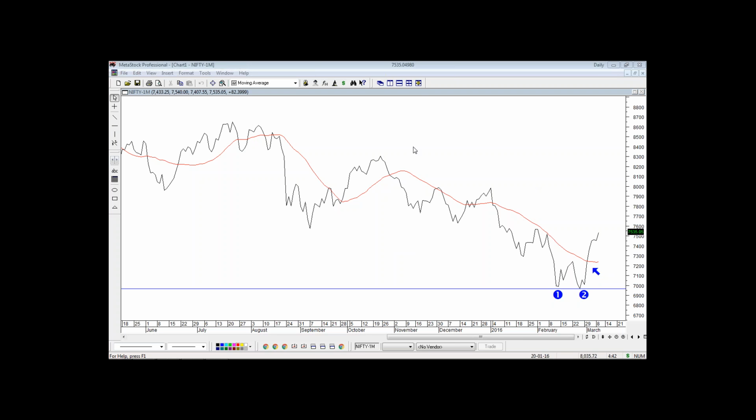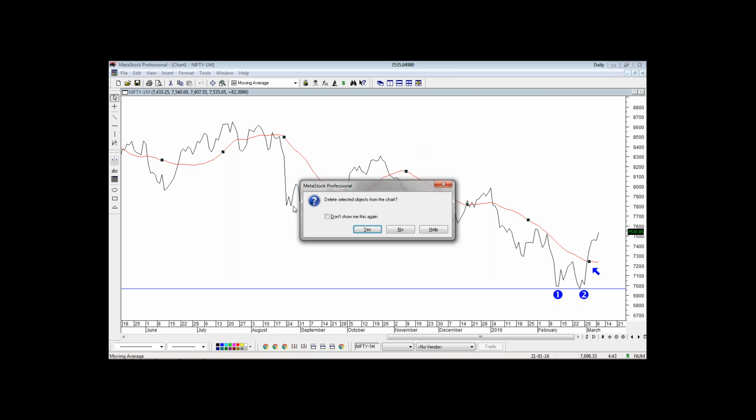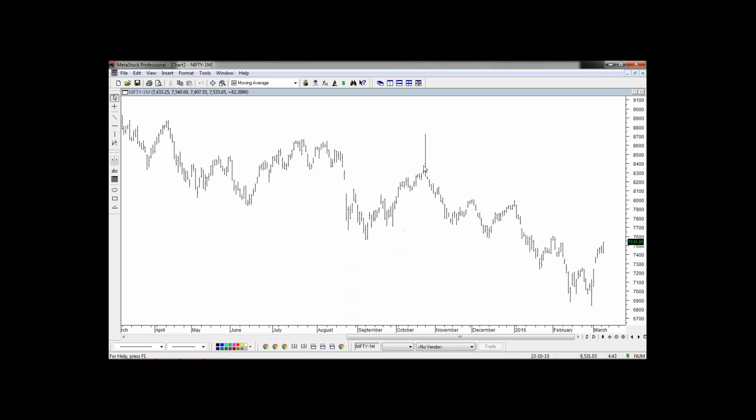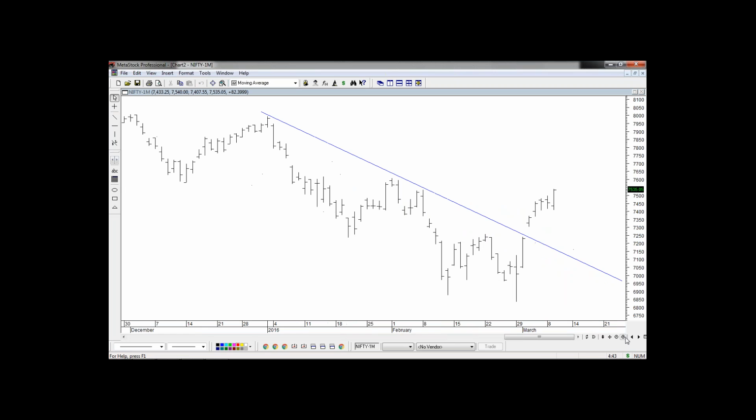Another question is, please show us the trend line on the Nifty chart. Great question, and let me show you the trend line implementation also. So let me clean up my chart so you guys can understand it in a much better way. Okay, so let me draw a trend line maybe out here. So what I've done is I've drawn a resistance trend line.